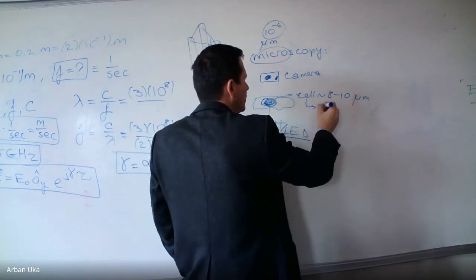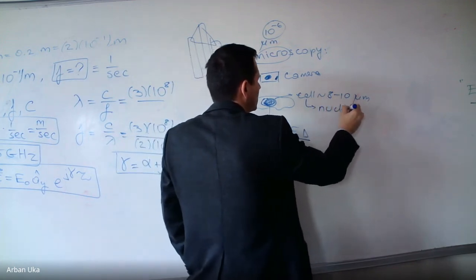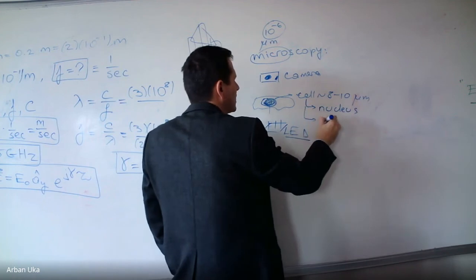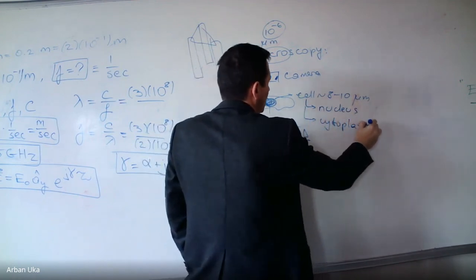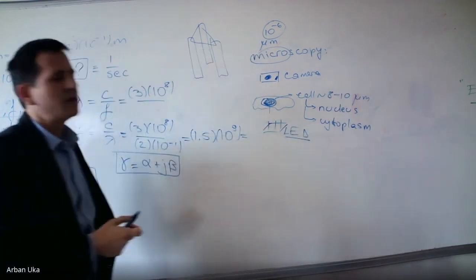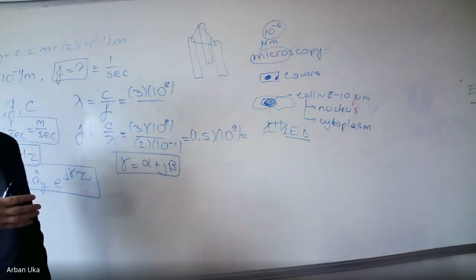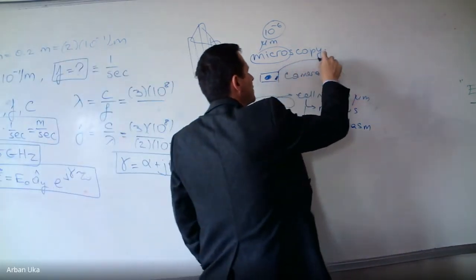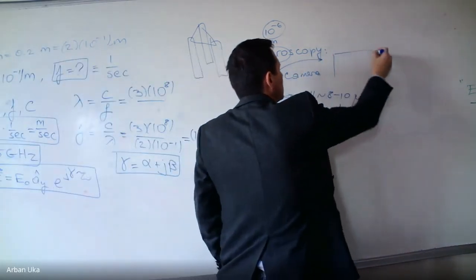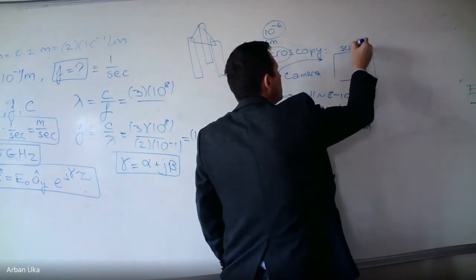So what is a cell? It has two major components. One of them could be this one, the nucleus. The other one is called cytoplasm. The nucleus has a higher density, and what one can observe is that the information on the camera, with the USB connector, is shown on a screen or a monitor.